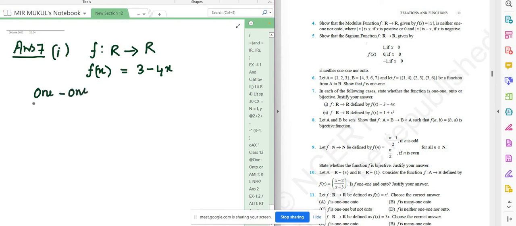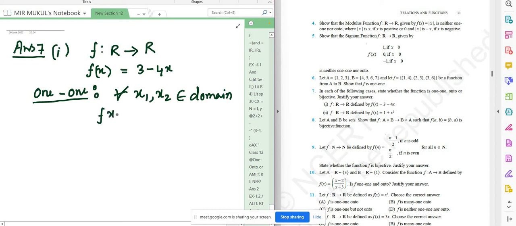One-one: for all x1, x2 belonging to the domain, if f(x1) equals f(x2), then f(x1) is 3 minus 4x1, and f(x2) is 3 minus 4x2.